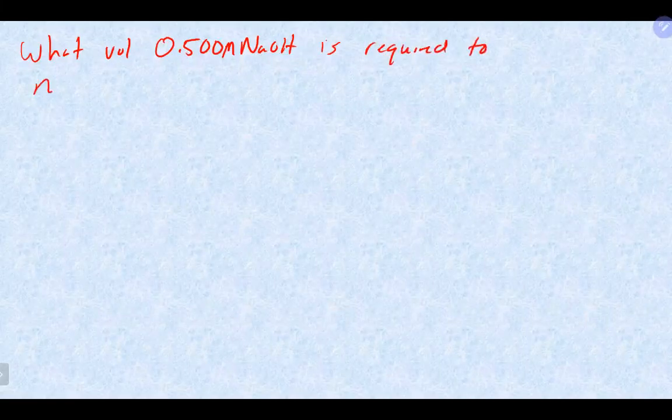All right, you should have, I believe this one: what volume of 0.5 molar sodium hydroxide is required to neutralize 125 milliliters of 0.5 molar.